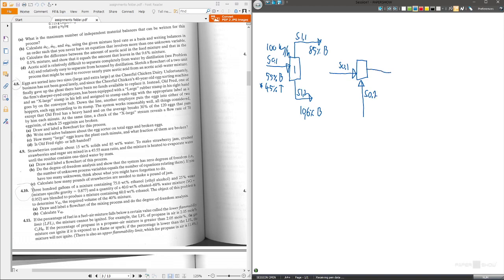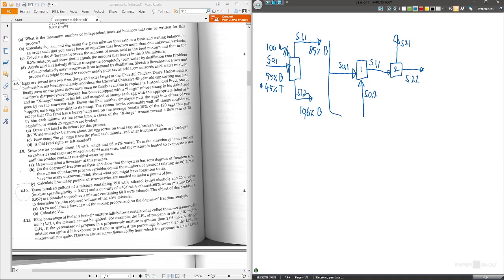Then I pass it along to an evaporator where I will evaporate some water out, and then hopefully I'll have my jam. So let's just say 1 and 2, so this would be S11, S21 and S22. So this is basically what we are told how the system looks.